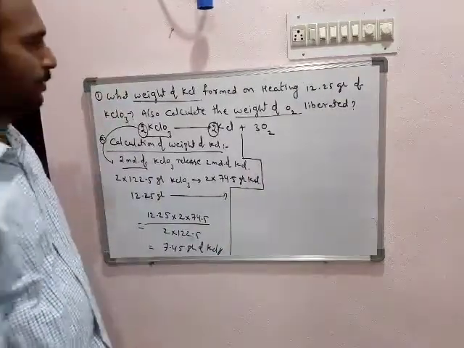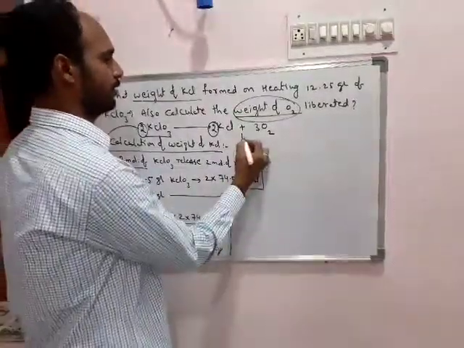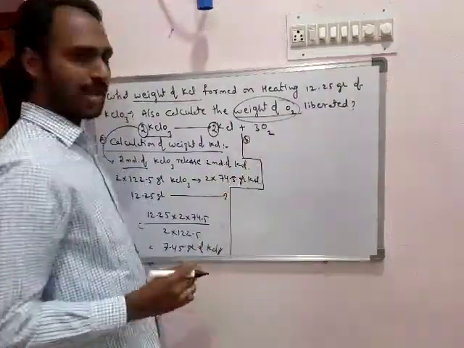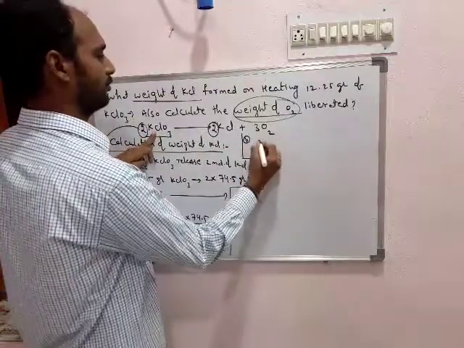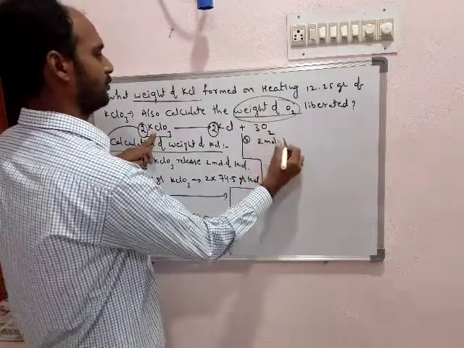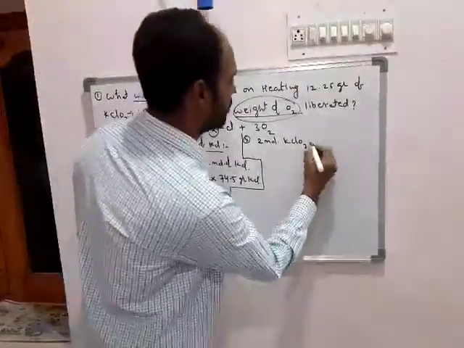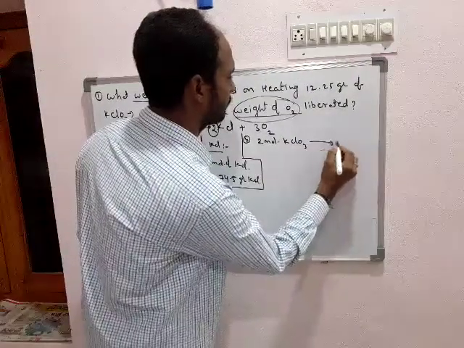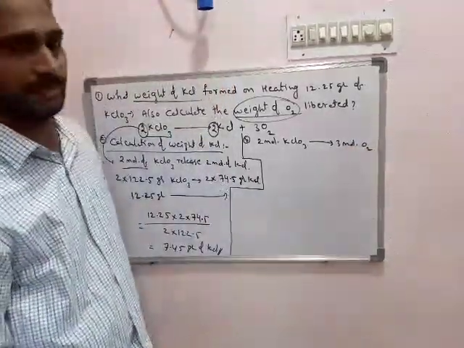second part in this problem, that is weight of oxygen calculation. According to this balanced equation, 2 moles of KClO3 can produce 3 moles of oxygen.